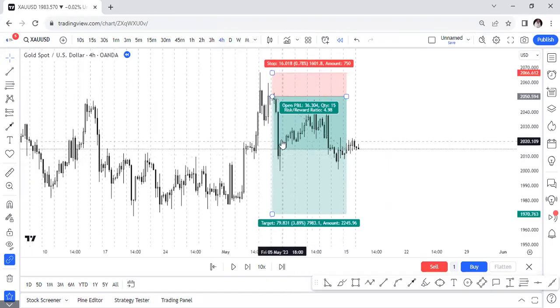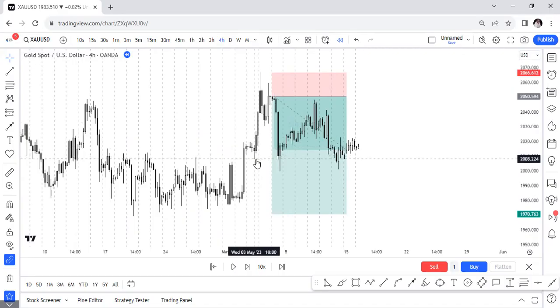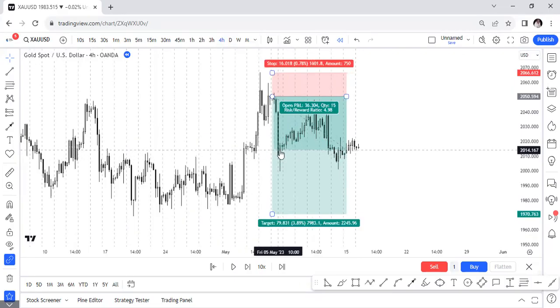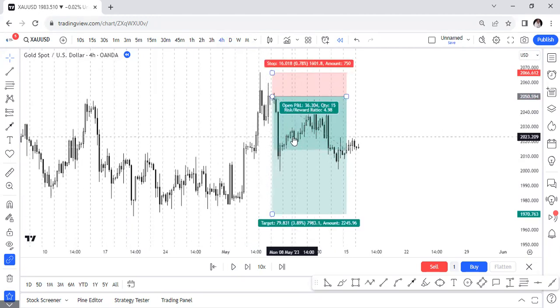Price broke through this, came back, broke through the base of that gap. And finally we have this higher low taken out. And then price pulls back again.